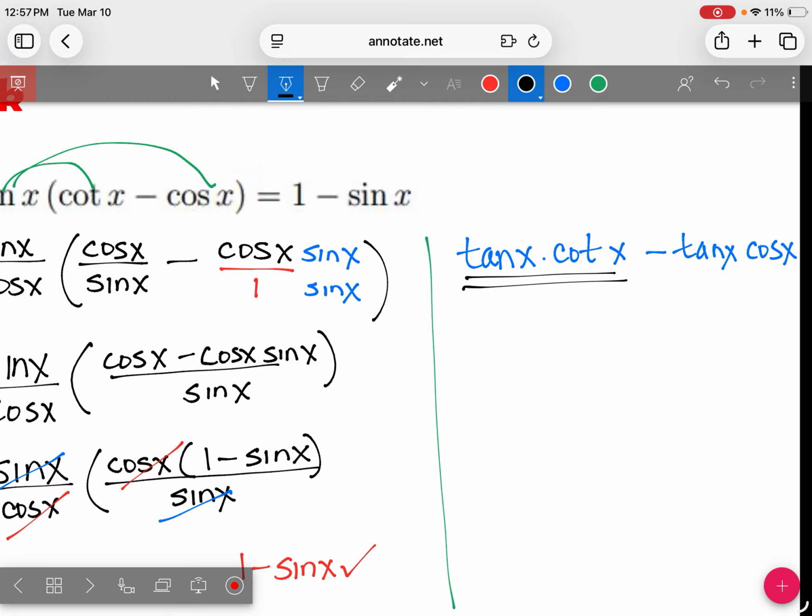What do you get when you multiply sisters? 1. 1 minus, and then tangent is sine over cosine times cosine. And then this cancels. And you get 1 minus sine. Now that's the way 5th period did it. But again, you still got it right. That would be perfectly fine.